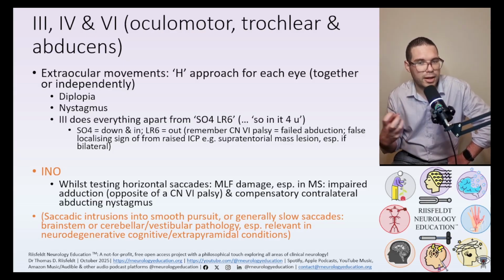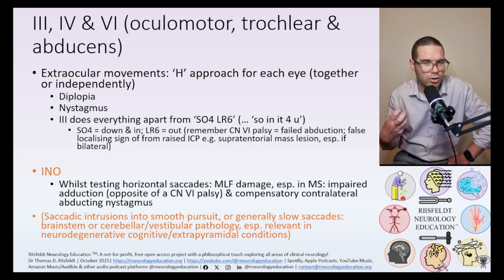So I just remember that a sixth nerve palsy causes failure of abduction. And another clinical point to remember is to beware false localizing signs, in terms of a false localizing sixth nerve palsy in the context of raised intracranial pressure.